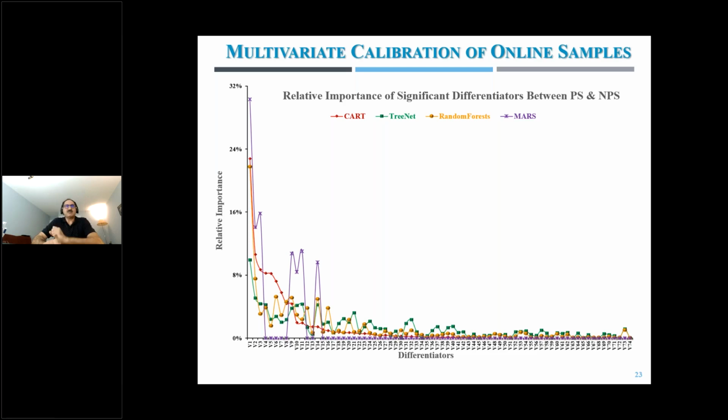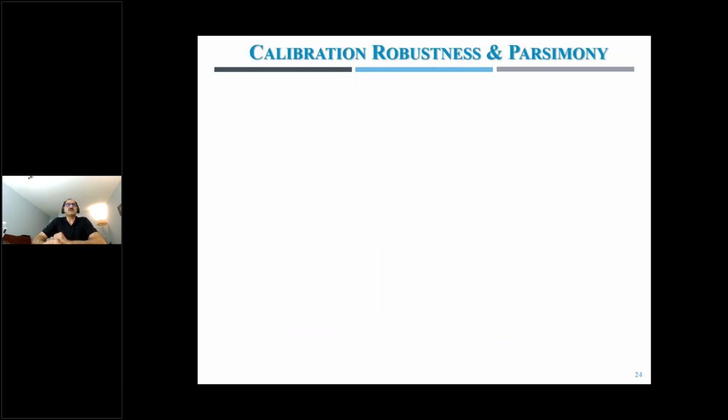And we've done various analyses to reach this parsimonious subset. And it seems that what has been working for us is that for most general population surveys, you want to make a correction when it comes to using respondents from online panels. You want to make a correction in terms of the time they spend surfing the web.